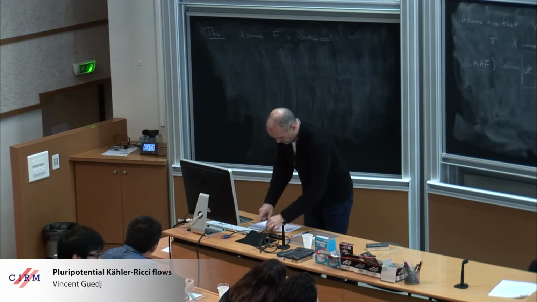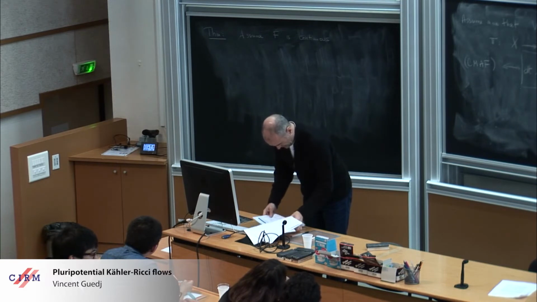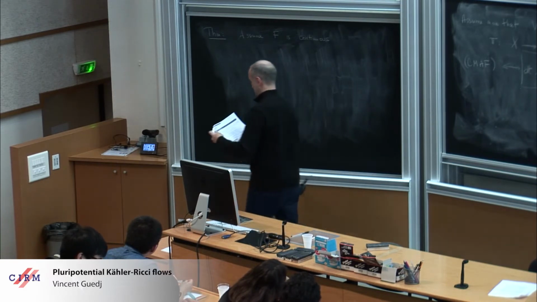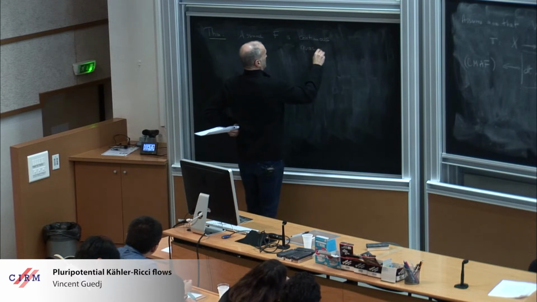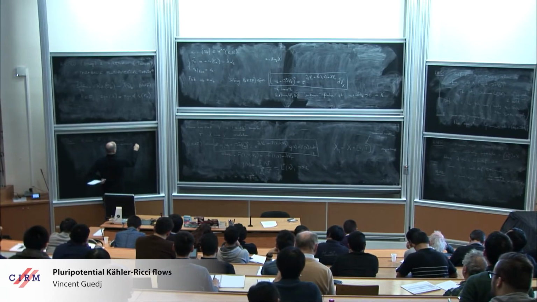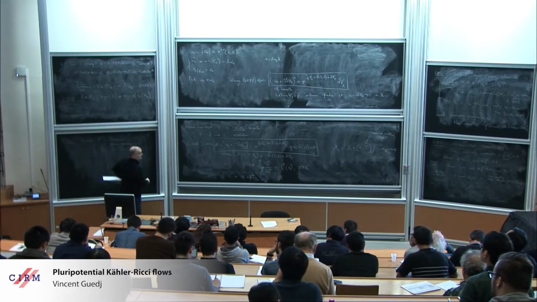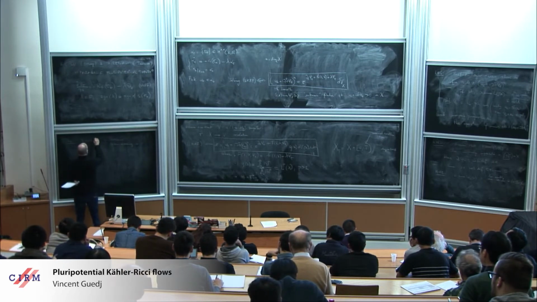Assume, moreover, that it is quasi-increasing in the last variable, which I will denote by r. So this is F of t, x, r.